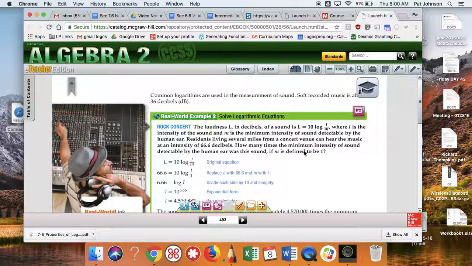How many times the minimal intensity of sound detectable by the human ear was this sound if M is defined to be 1? What they're asking us to find is I, the intensity, given the loudness is 66.6 and we define M to be 1. So we plug in 1 for M and 66.6 for L, and we simply solve this.